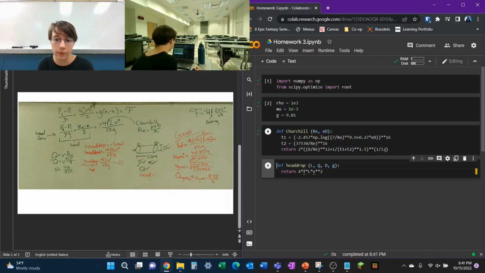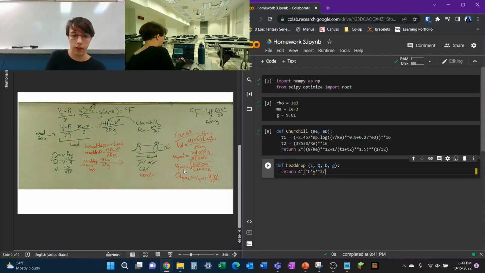Okay, I think we're good now. So the velocity squared divided by 2 times d times g. Right.